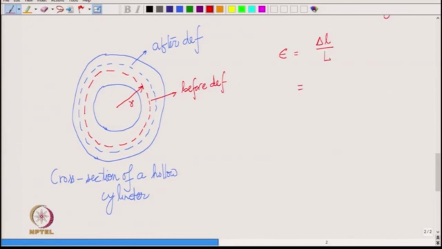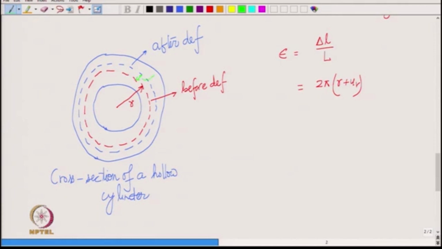Now, what is the change in length? Final length minus original length. What is the final length? It is 2 pi times the final radius. So, that is 2 pi times small r plus u r, correct. So, you have to remember the change in radius.